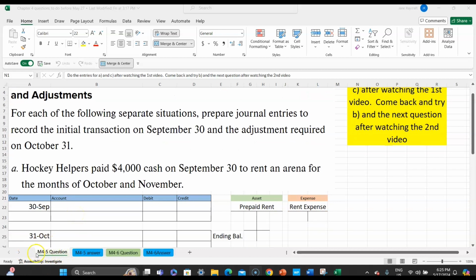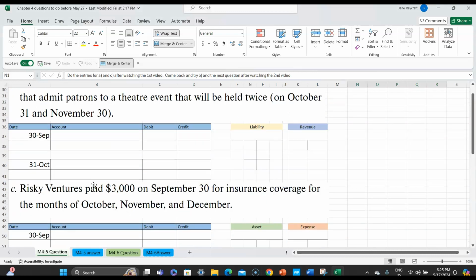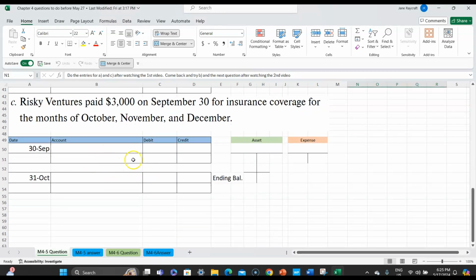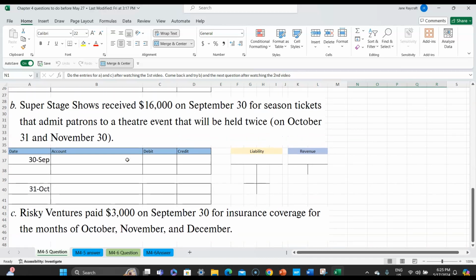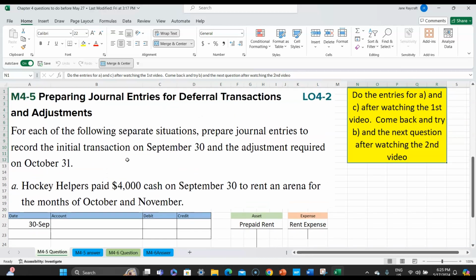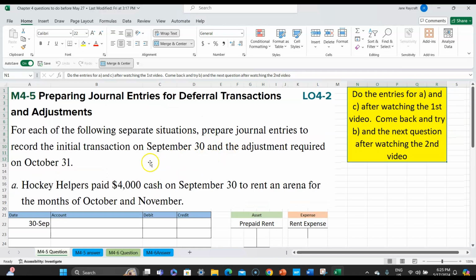And so you'll see the question is M5 or 4-5. So try to do part A and C. And then you can check your work here.